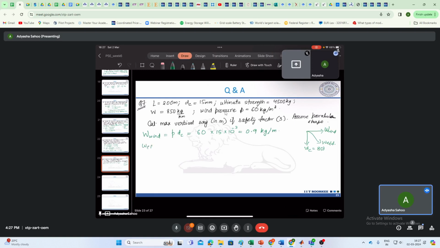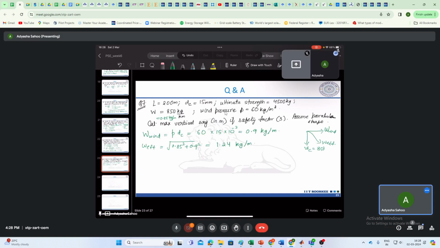So W effective will be, and this will be basically 0.85 kg per meter, so square root of 0.85 square plus 0.9 square, so 1.24 kg per meter.